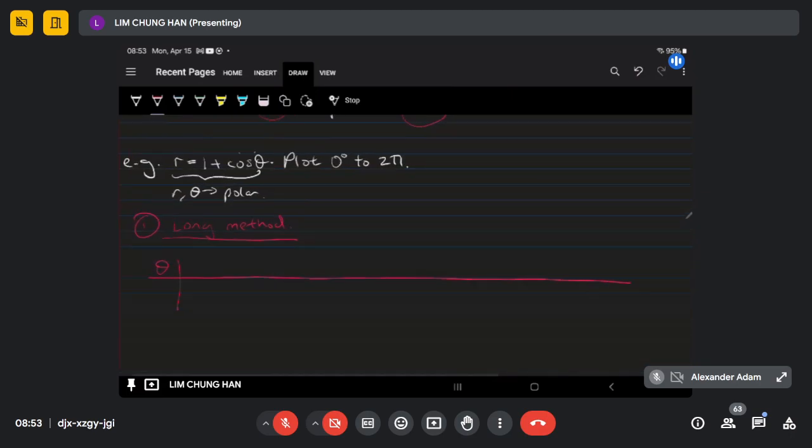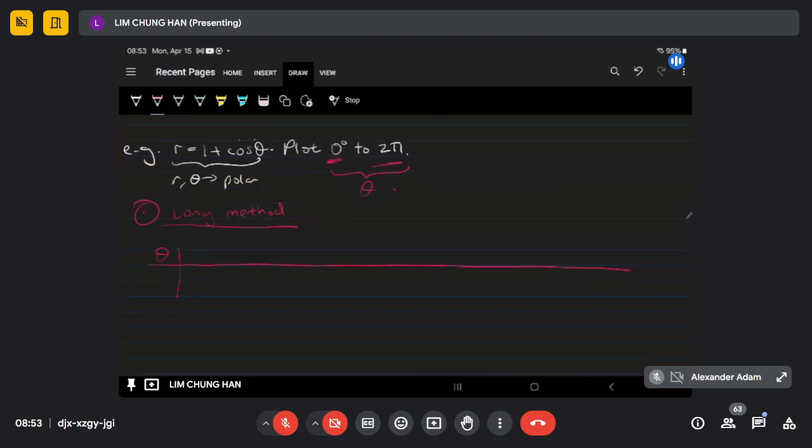So if you look at the question, plot from 0 degrees to 2 pi. Is that r or theta? Theta, correct.